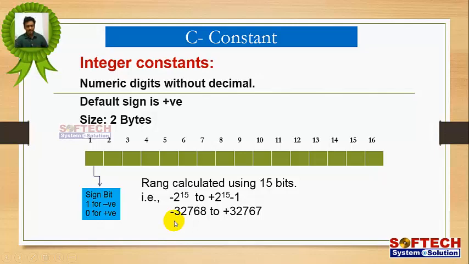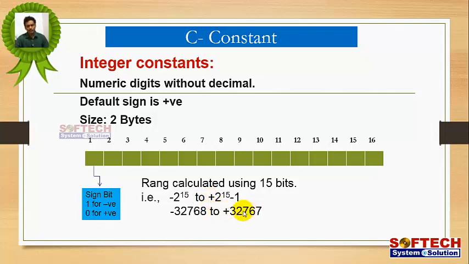It starts from minus 32,768 to minus 1. If we count, it gives 32,768. So the counting of the negative side is 32,768.